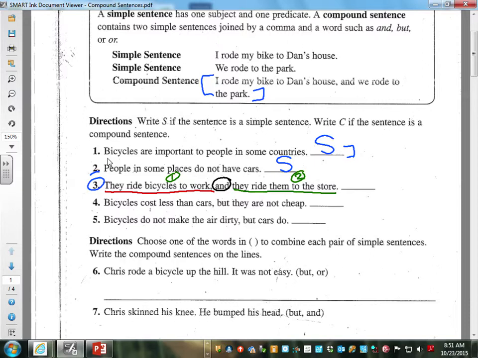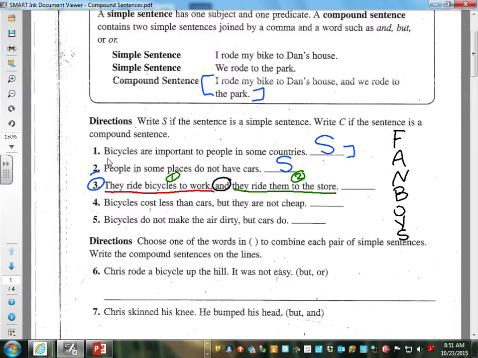We watched a video the other day about conjunctions, and I taught you a phrase called fanboys. F-A-N-B-O-Y-S. Each one of those stands for a different conjunction that you can use within your compound sentence to form your compound sentence.